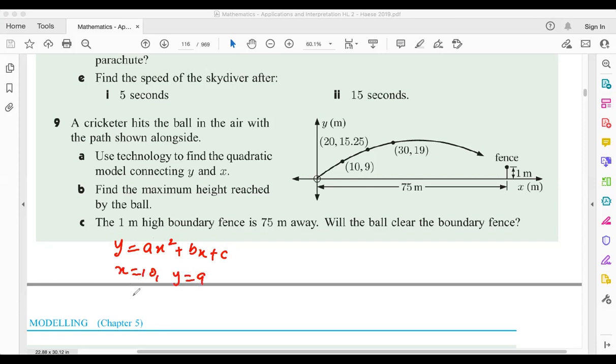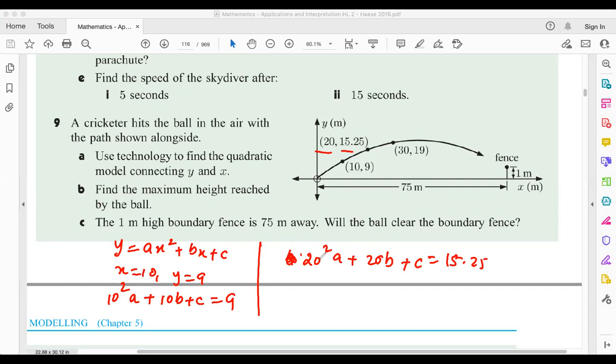So that's the first equation: 10 squared a plus 10b plus c equals 9. Then when you plug x as 20 and y as 15.25: 20 squared a plus 20b plus c equals 15.25. And the last equation, when you plug x as 30: 30 squared a plus 30b plus c equals 19. So these are the three equations.